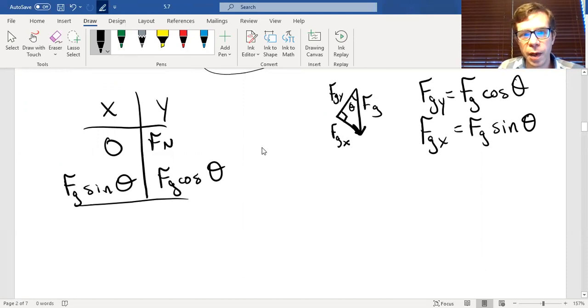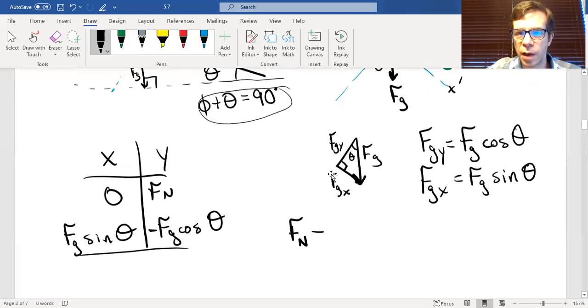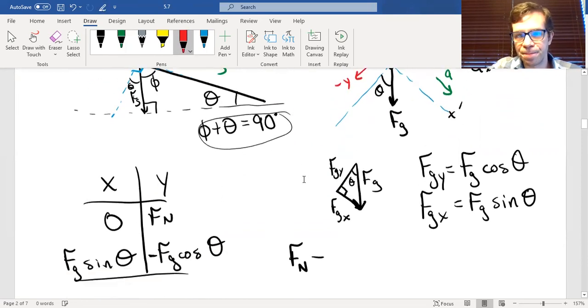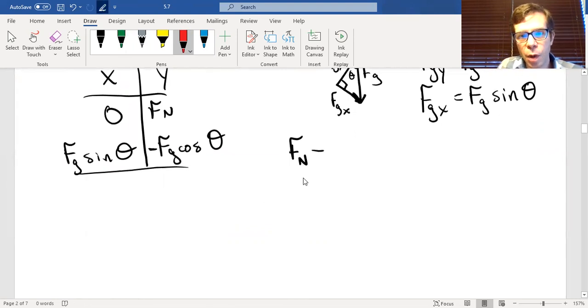So if I look at the Y direction, we said that there's no acceleration in the Y direction, so I just have Fn, oops, I forgot my sign here, right? If I look at my diagram, the Y component of gravity is in the negative Y direction. So the normal force minus the Y component of gravity is equal to 0.